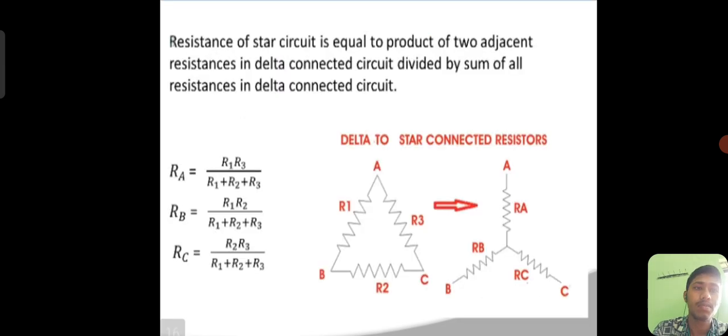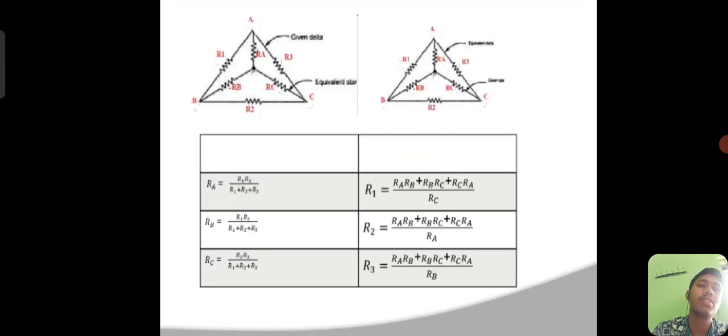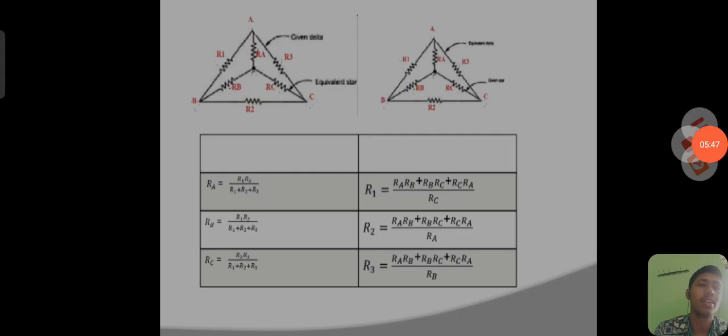This is the delta to star conversion. Now we can convert star to delta. R1 equals RA RB plus RB RC plus RC RA, divided by RC.